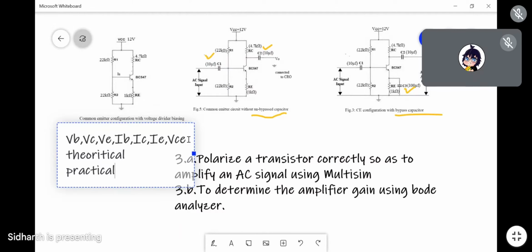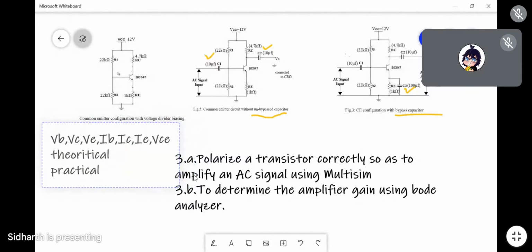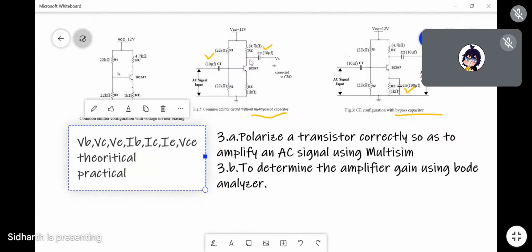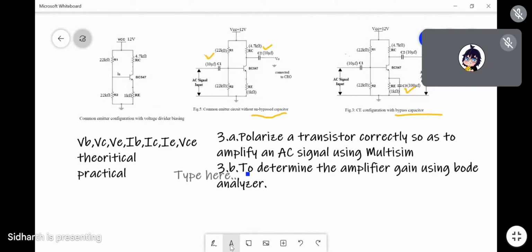One thing, who can say what will happen in case of DC signal? If I perform the DC analysis of this circuit, what will happen to this capacitor part? Who can say? In DC analysis the frequency value is 0, right?